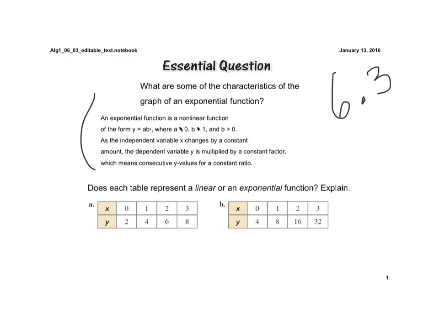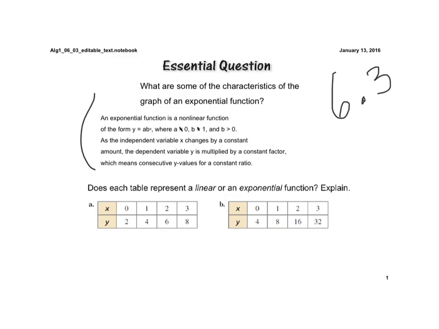And then as the independent variable x changes by a constant amount, the dependent variable y is multiplied by a constant factor, which means consecutive y values form a constant ratio. That's different than a constant difference.